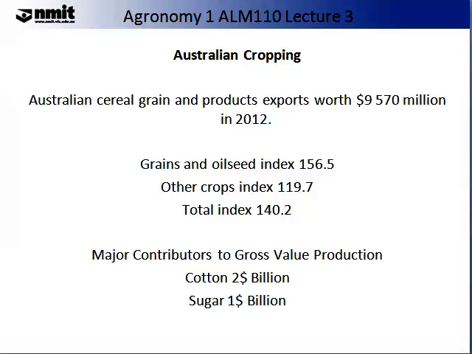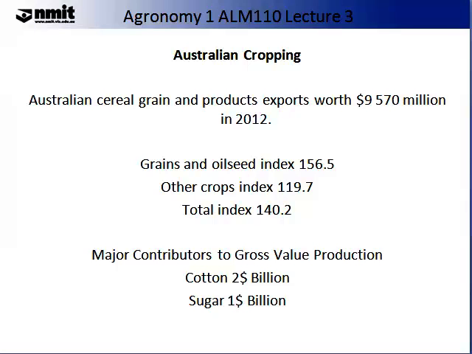Grains and oilseed index 156.5, other crops index 119.7, with a total index of 140.2. The calculation of weight index is changed weight basis using the Fisher's Ideal Index.